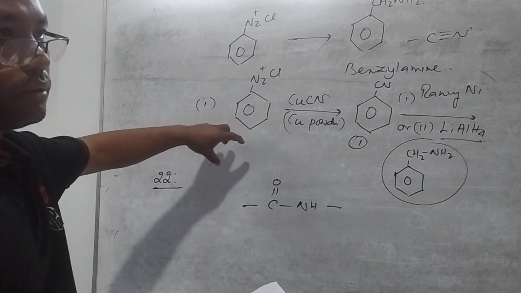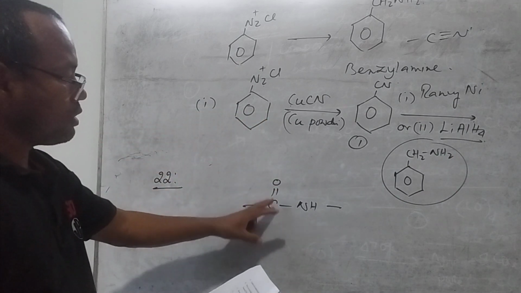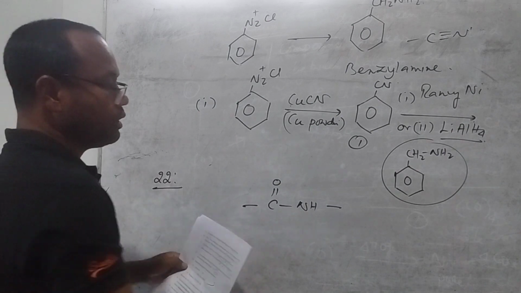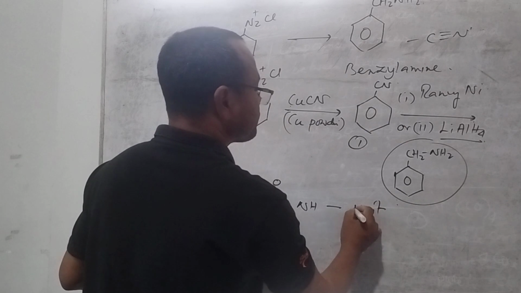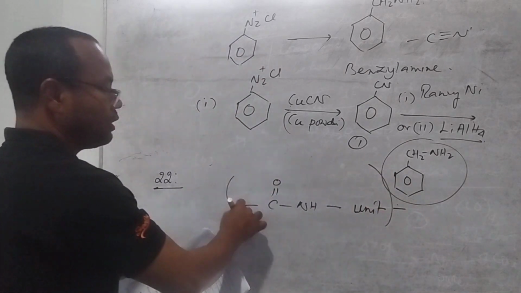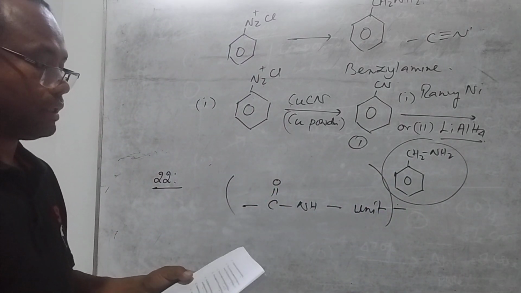The compounds containing this bond, the C double bond O, N unit, this is called a peptide bond. In your examination, write it here.